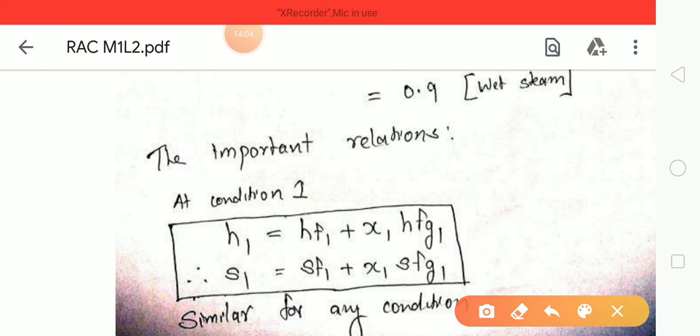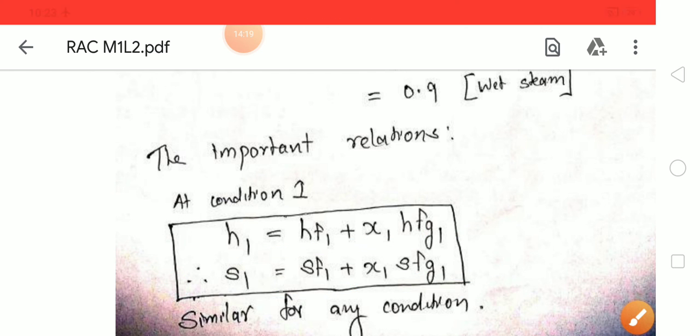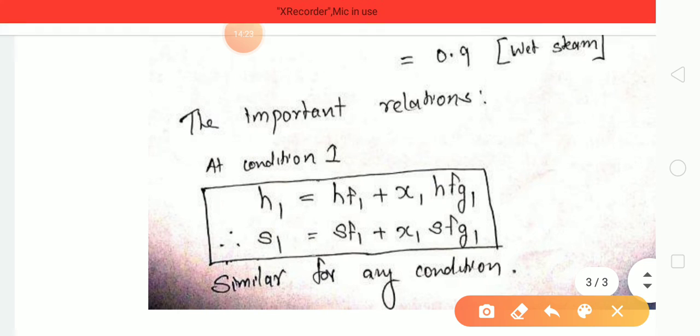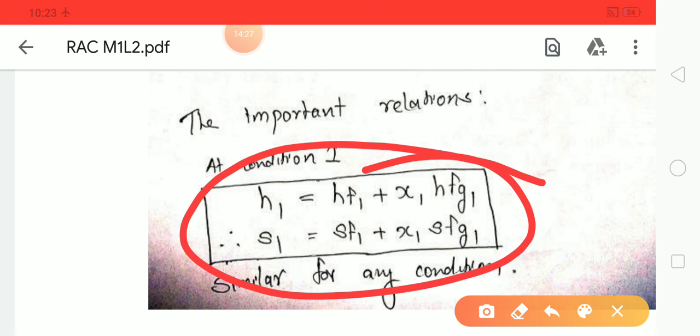Similarly, we can also write s1 is equal to sf1. s1, the entropy at point 1, is equal to the sensible entropy at point 1 plus x1 into the latent entropy at point 1. So we can give this condition for any number of conditions. Okay, so this is a very important relationship. You have to know all these things.